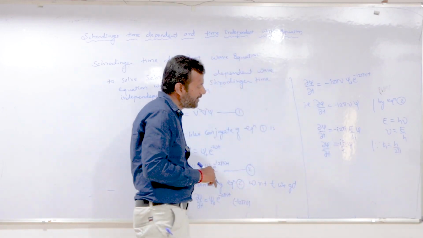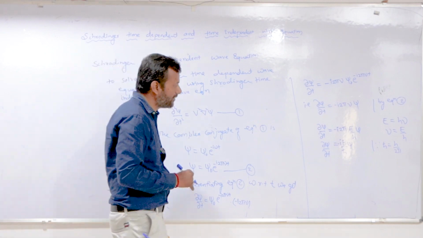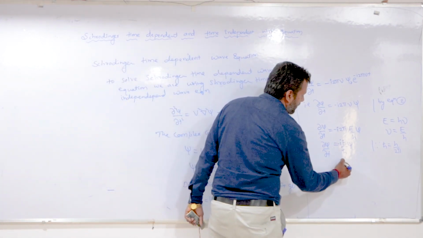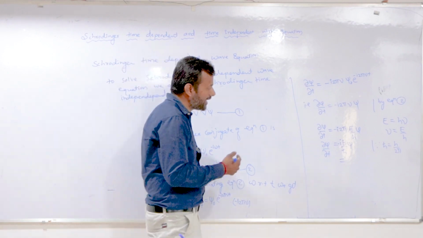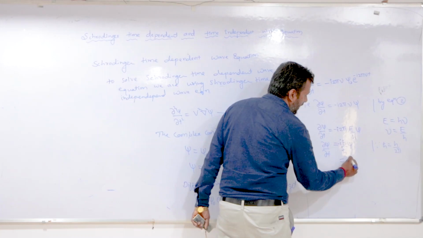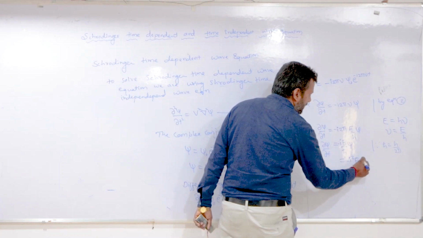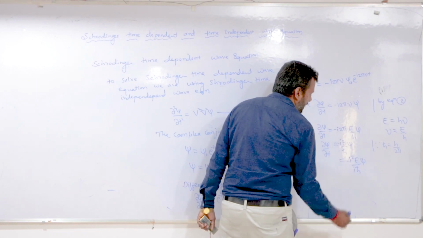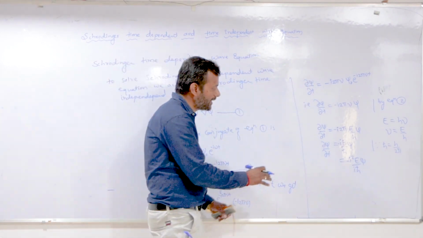Now one more point here, we are having a minus sign. If you want to remove the minus sign, we have to multiply the denominator and numerator by i. So from that we can remove the minus i sign in the numerator. So I am doing i square E by h cross psi. Numerator and denominator are both multiplied by i, so no problem with the equation.